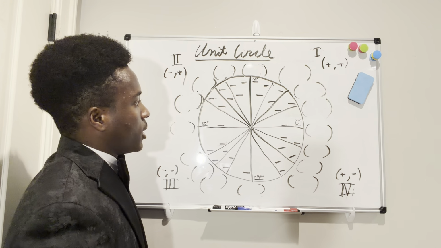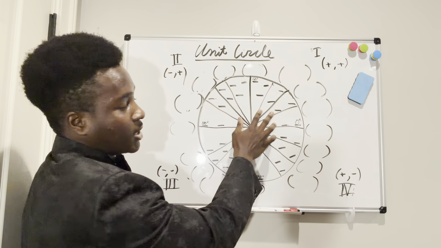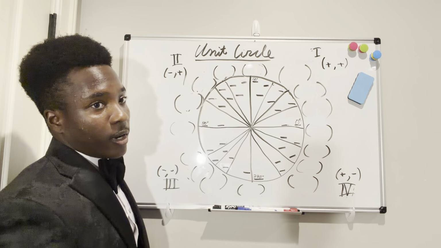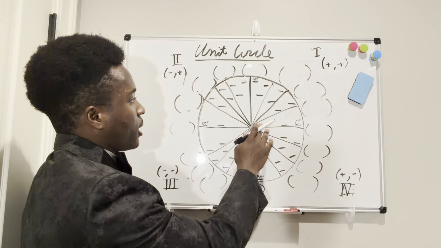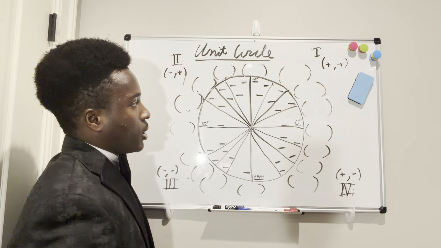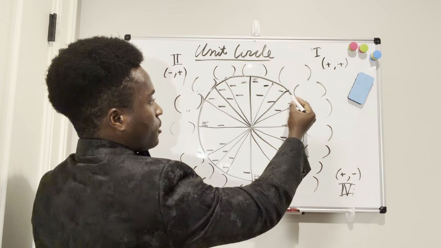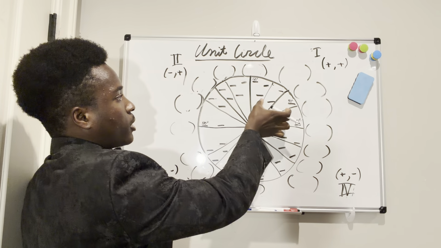So this is 30 degrees, but we see that it's in two parts. So it's 30 divided by 2, which is 15 for each. These are both 15. When we do those, we know that this part right here is the 30 degree mark, and this part is also 30 degrees.